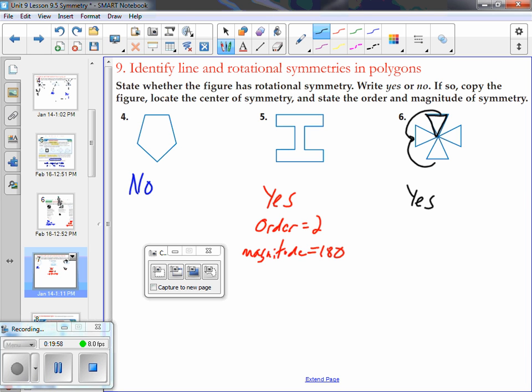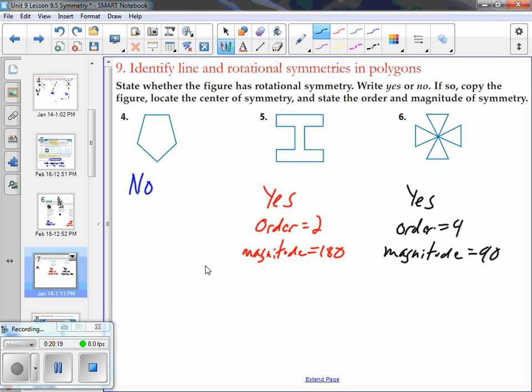So that's 1. And then couldn't I do it again? 2, again 3, again 4. So shouldn't the order be 4? Yeah, so if the order is 4, what's the magnitude? Yeah, so each of those rotations was 90 degrees. And then let's see if it does work out that way. Might as well test it since we can.